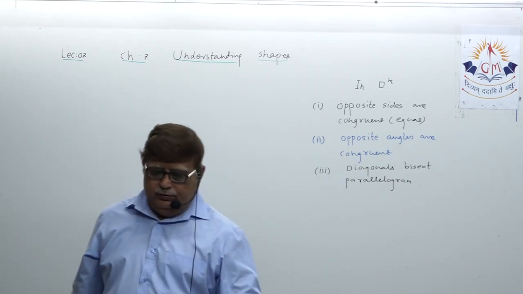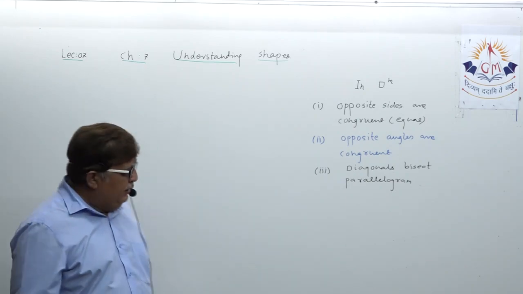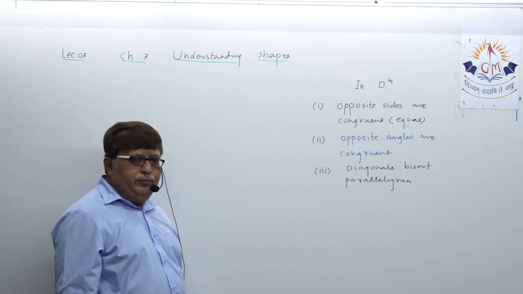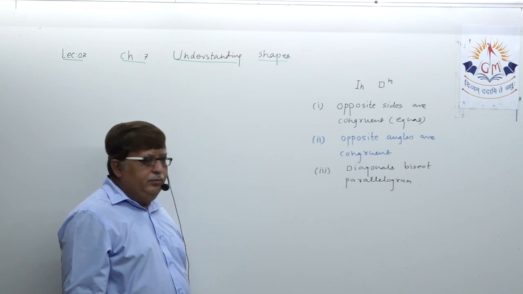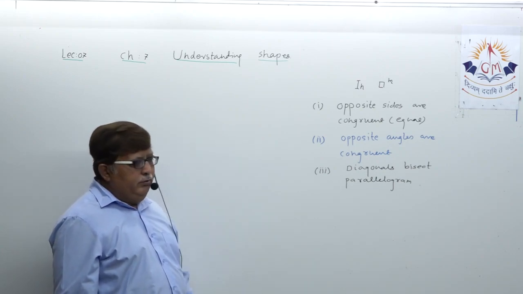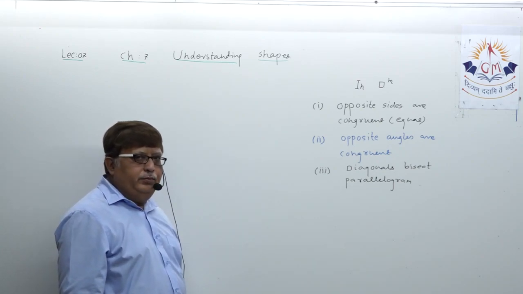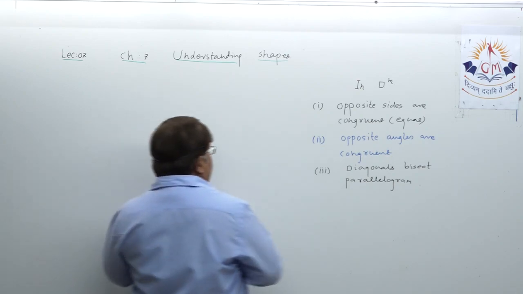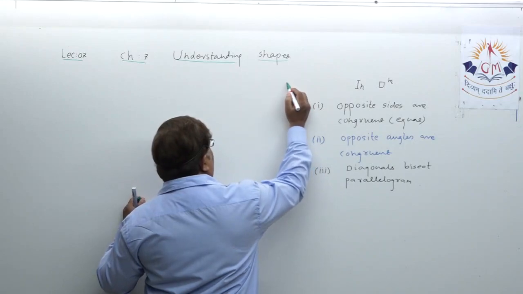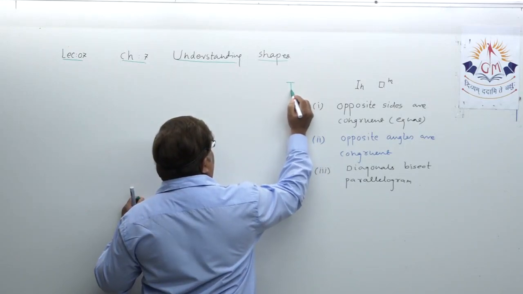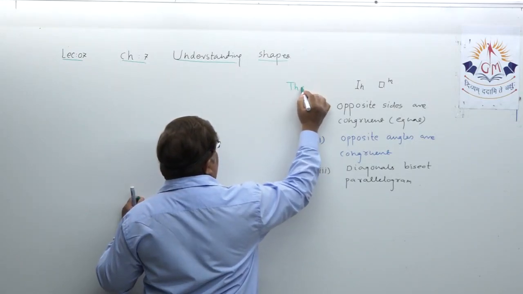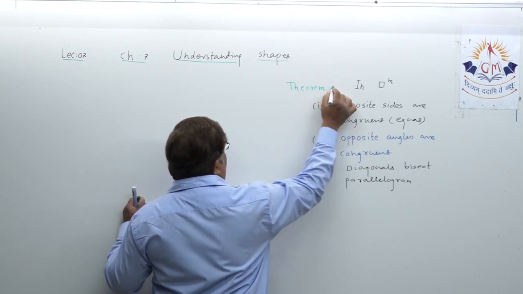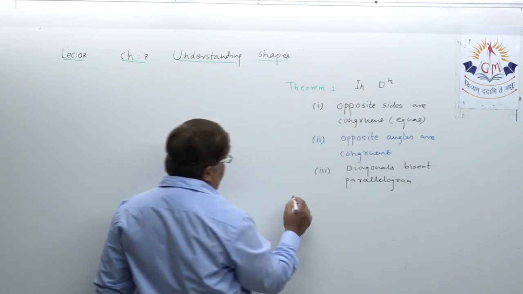You understood this. That's why I have highlighted all three properties of parallelogram. These three facts we proved, if you can remember, as a part of theorem 1. This is what we proved in theorem 1.